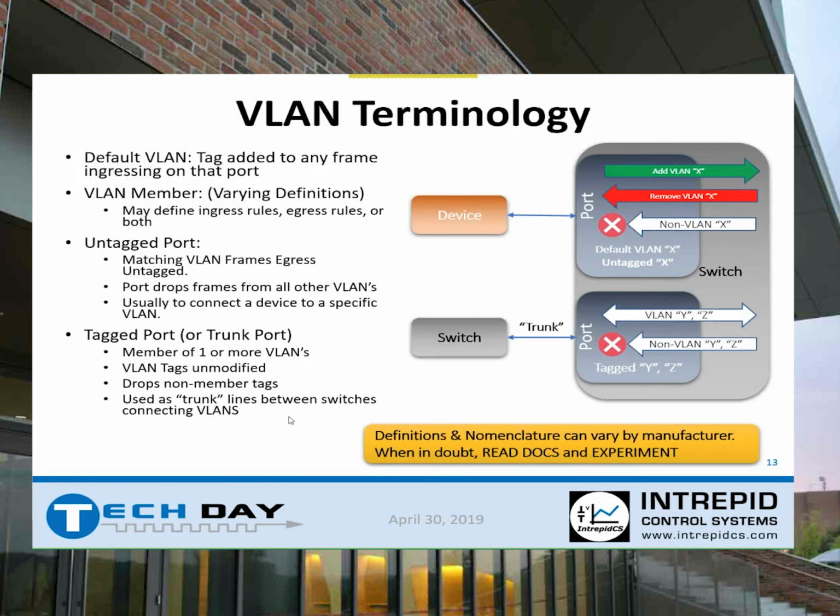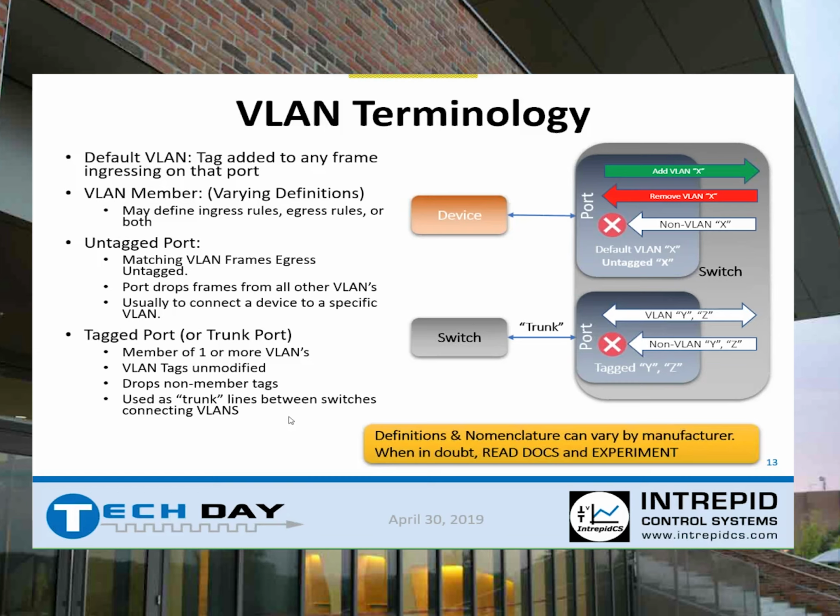If you hear the term default VLAN, that implies that any frame that ingresses on a given port will be tagged with a default VLAN, the default VLAN tag that's defined. When there's no VLAN assigned, there's no VLAN. Otherwise, it's tagged on ingress.